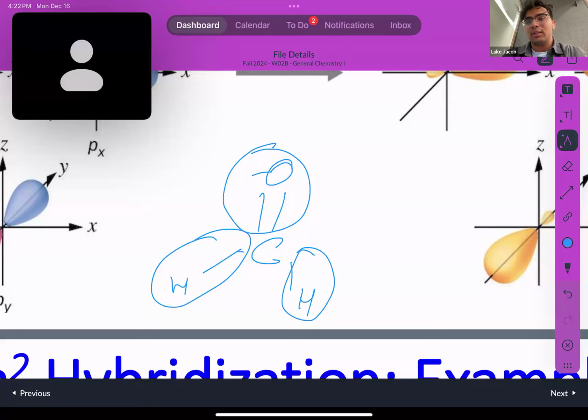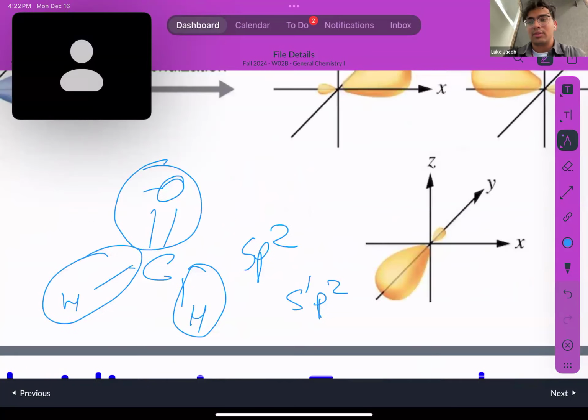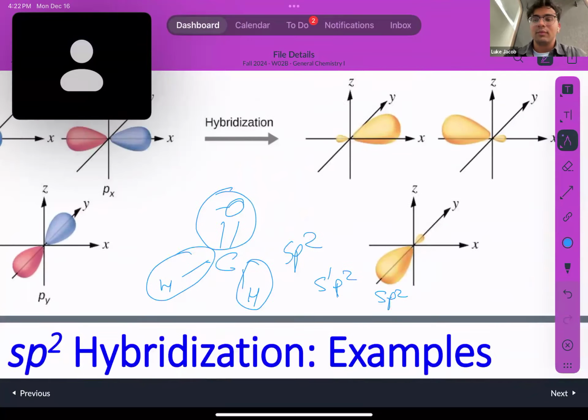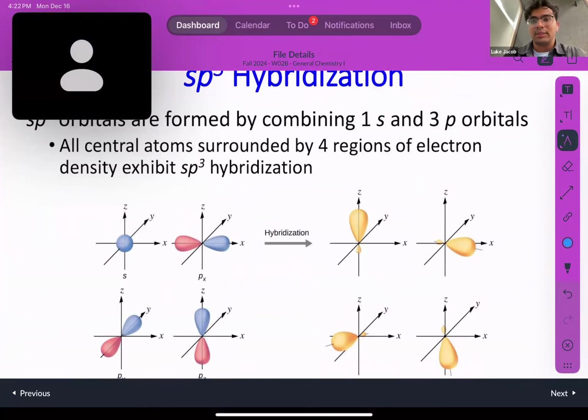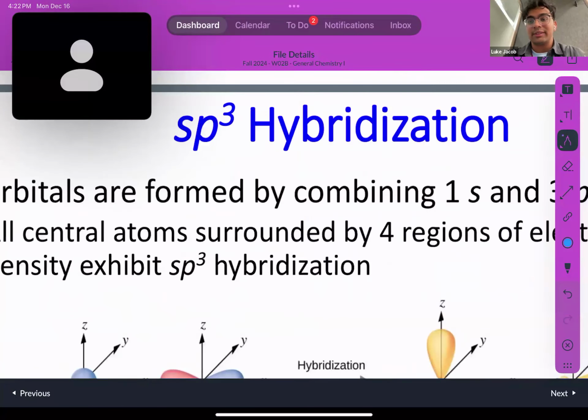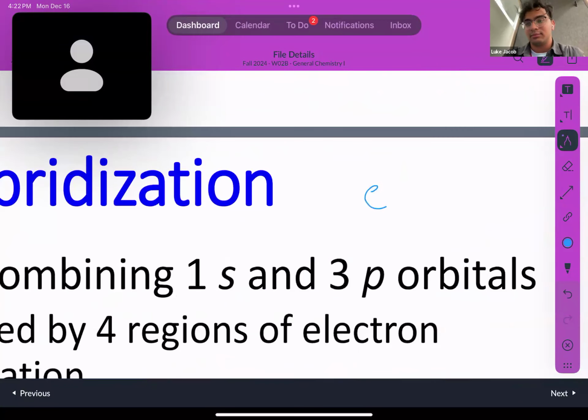Here, it's bonded to 3 atoms, so that's sp2. I'm simply counting the exponents: s has 1 and p has 2, so that's 3 in total. So there's 3 things. All right, sp3 is similar. With sp3, there's 4 things. So methane is sp3.